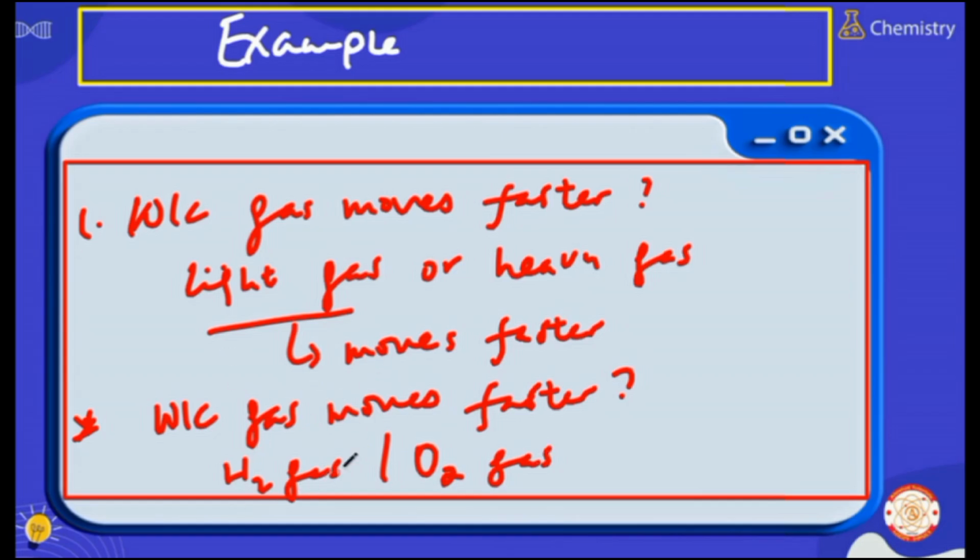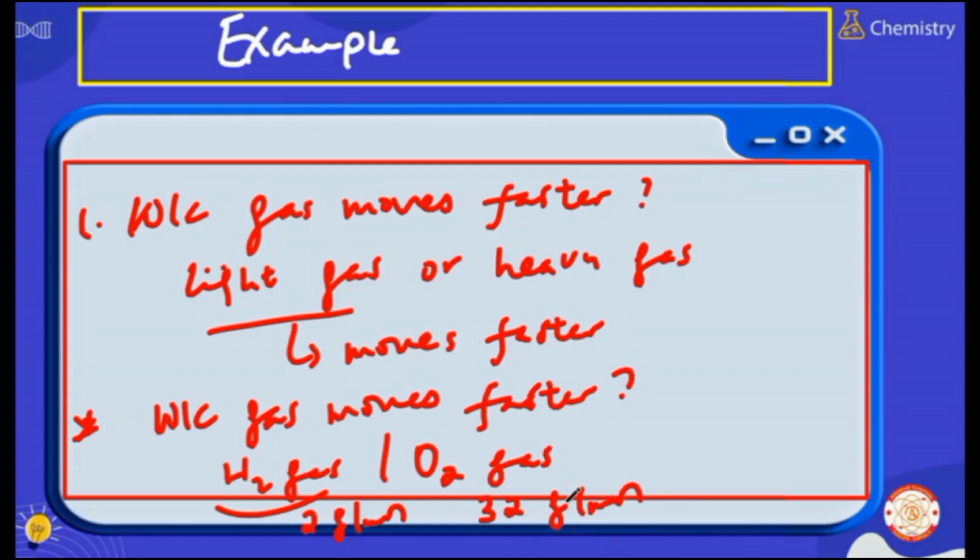What is the molar mass of hydrogen? 1, right? 1 times 2 is 2. So it has 2 grams per mole. Whereas oxygen, on the other hand, has a molar mass of 16 times 2, which is 32 grams per mole.